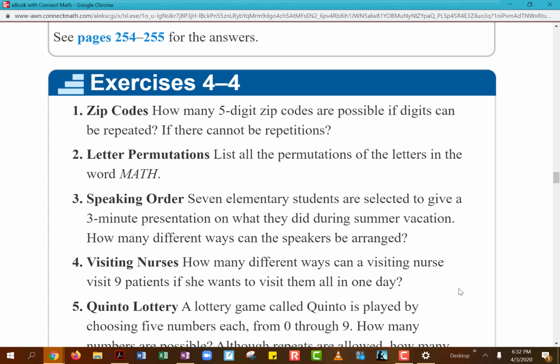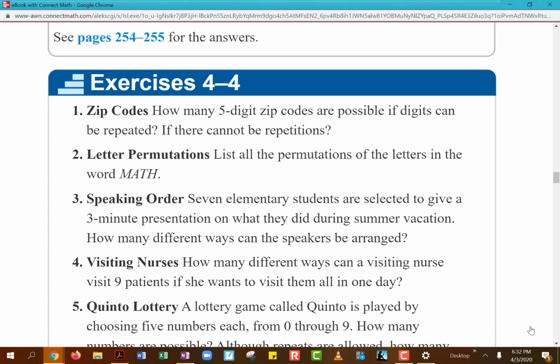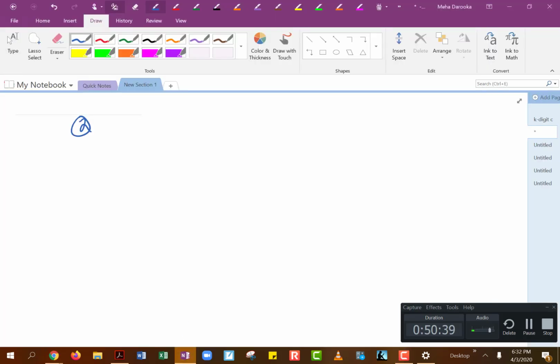Okay, so the first thing I actually want to show you, we have math. That's 4 different letters, and when we are doing our permutation, we are of course keeping all 4 of those letters, right?